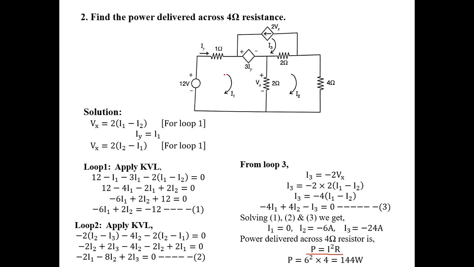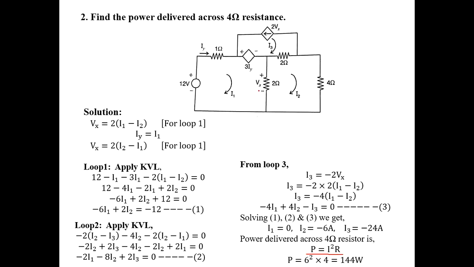But always the direction should be clockwise. First, from the diagram, we can write Vx, because the voltage drop across the 2 ohm resistor is given in the problem as Vx.